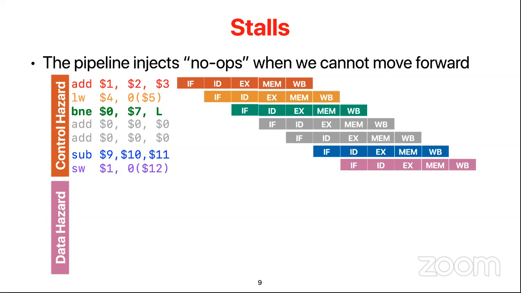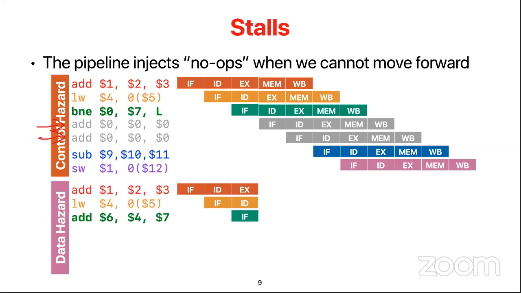As you can see, the basic idea of stall is inserting no-ops. Now, let's look at the data hazard. For data hazard, it's the same. Let's say we have this pair of instructions: an add instruction immediately following a load. If they depend on the same register, there's going to be a data hazard, right?